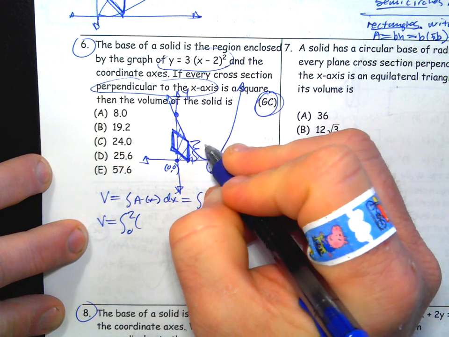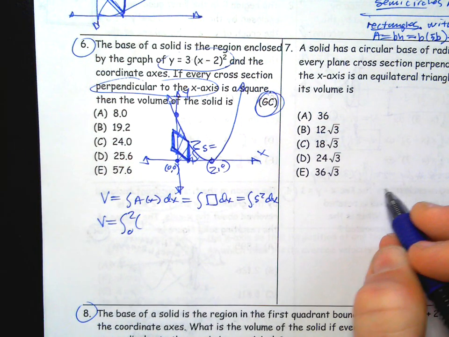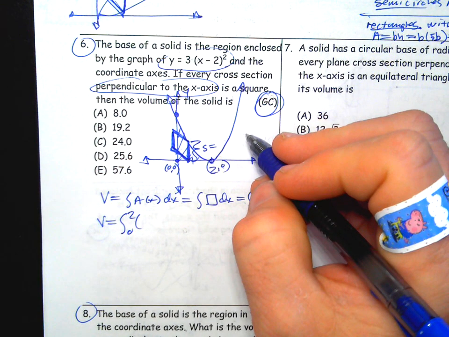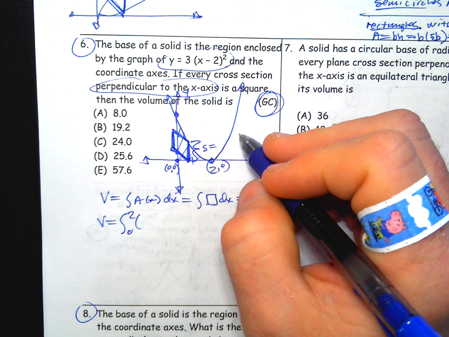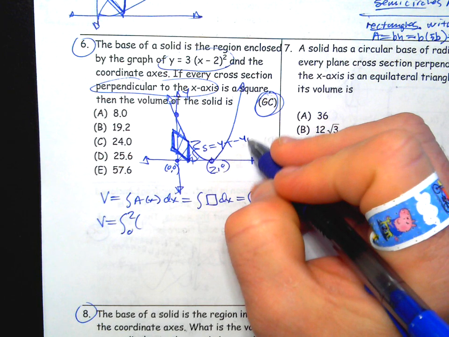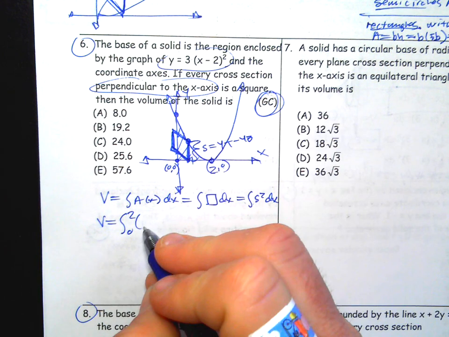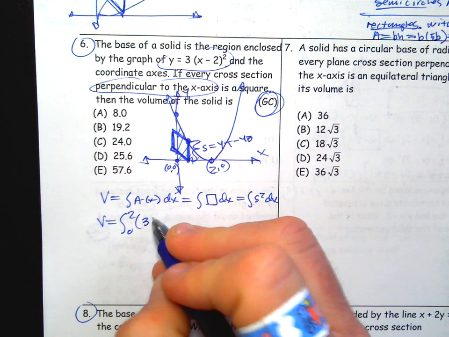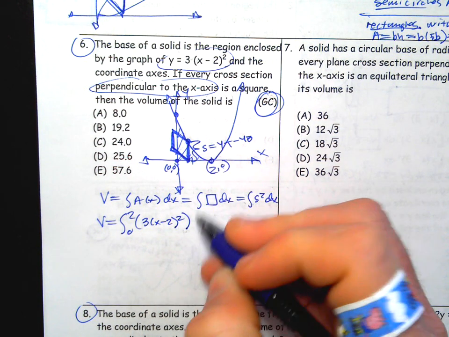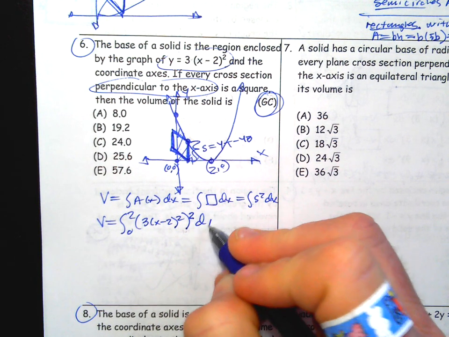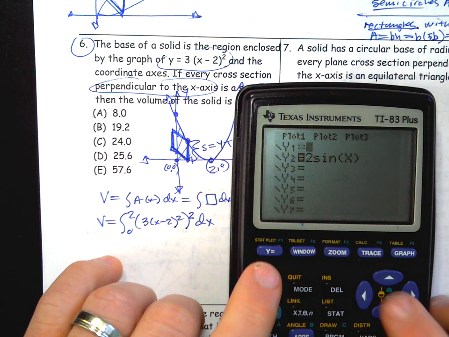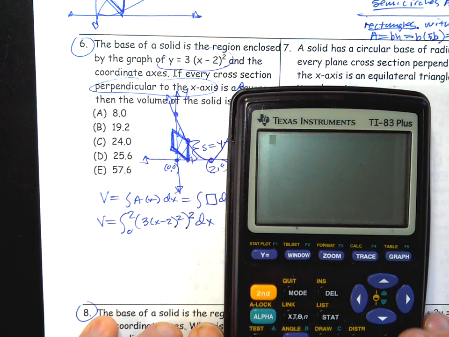Always use the side of the slice that's touching the base region to determine the sizes of the different parts of the shape. So this would be y top minus y bottom. And so y top is just 3x minus 2, squared. Y bottom is 0. And then you've got to square it again, dx. You just put that into your calculator. So we could do math 9.